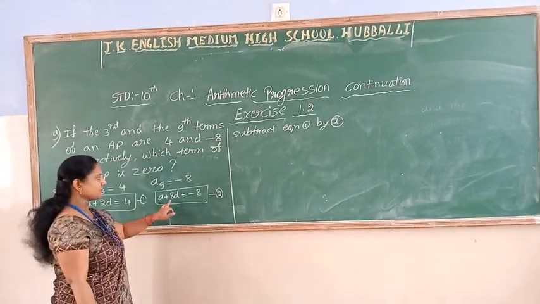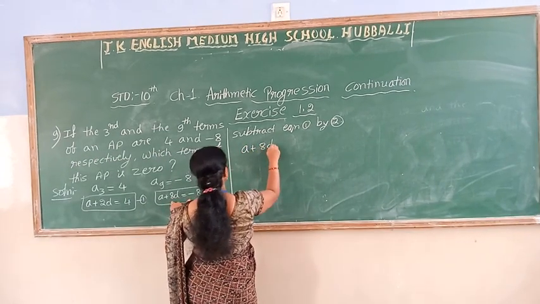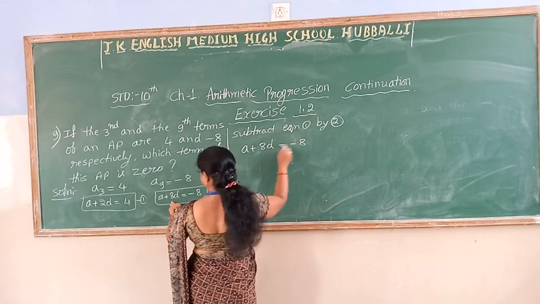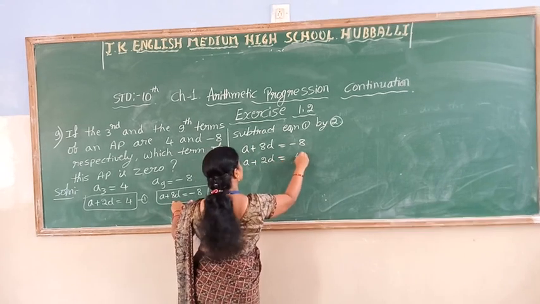Equation number 1 I subtract from 2, means I am writing a plus 8d is equal to minus 8 and a plus 2d is equal to 4.